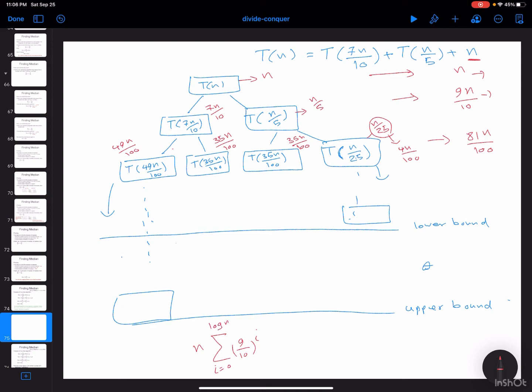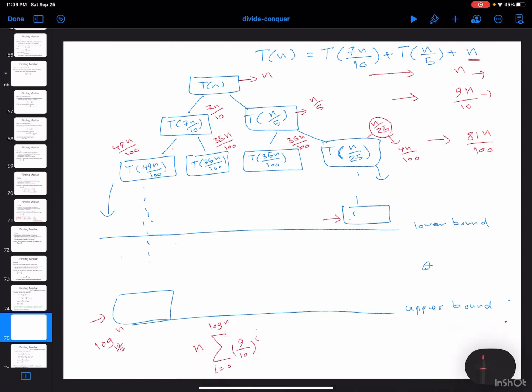Log of n, where for this one the log of n will be in the base of 5. For this one the log of n will be in the base of 10 divided by 7.